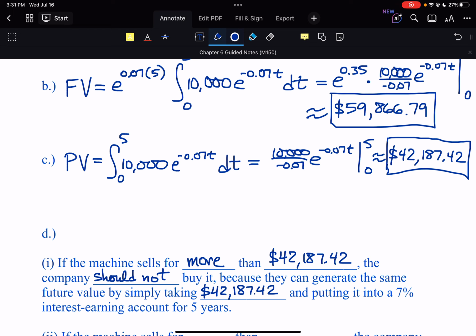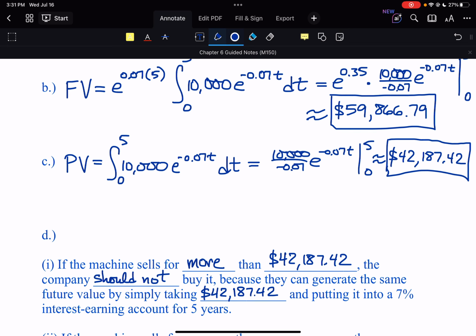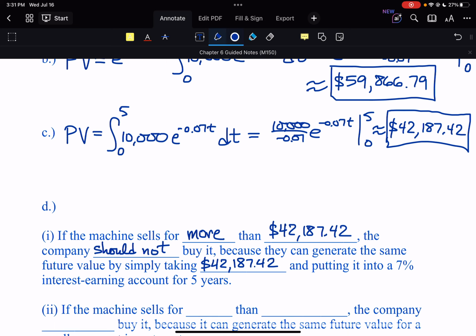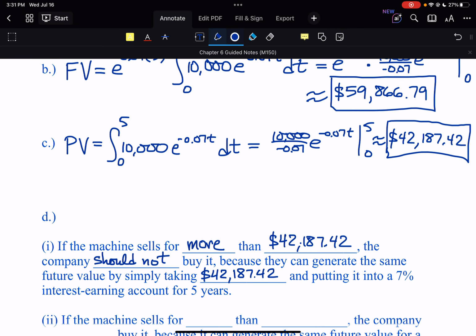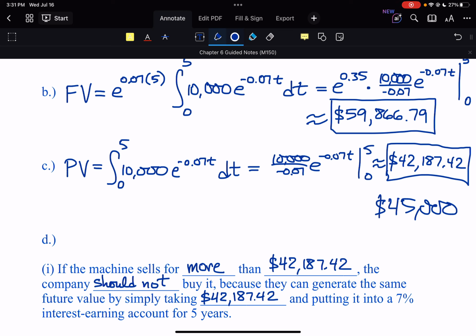If the machine costs more than this, then that means you're going to get the same future value out of it, but you're going to spend more on the machine than you would on just investing that money, right? So if the machine costs $45,000, for example, you're still going to net the same result, but you had to spend an extra $3,000 to get there using the machine.